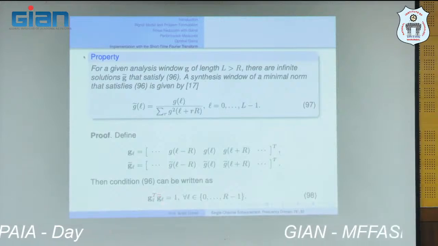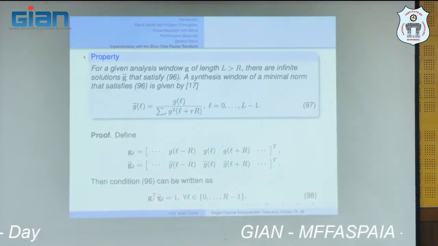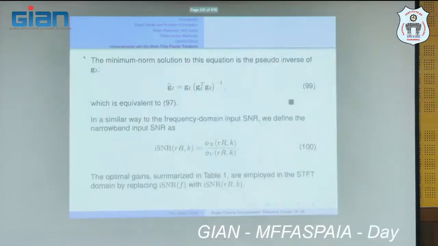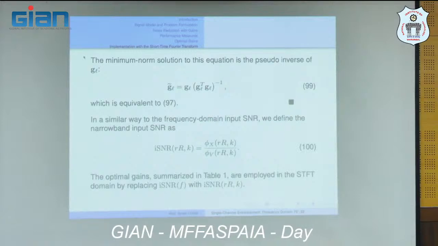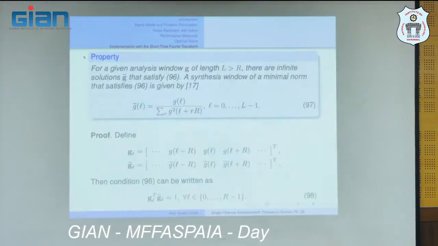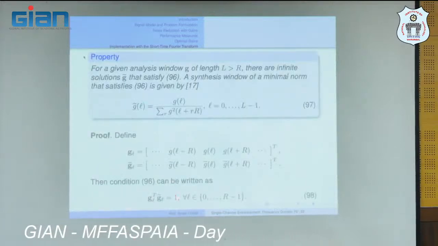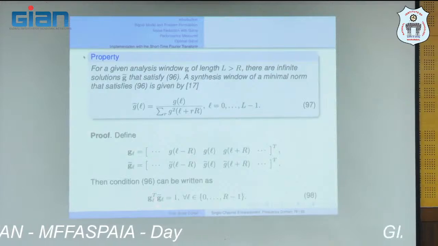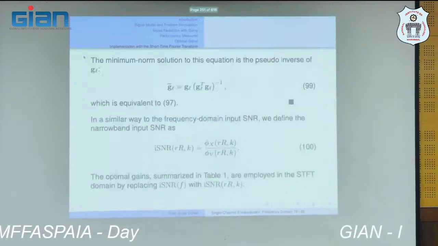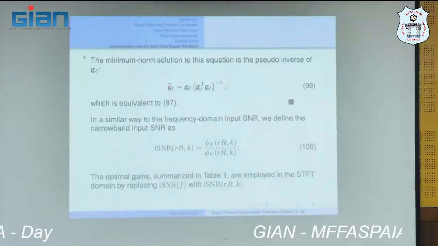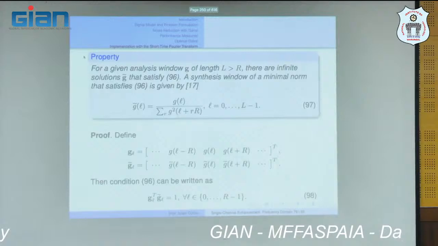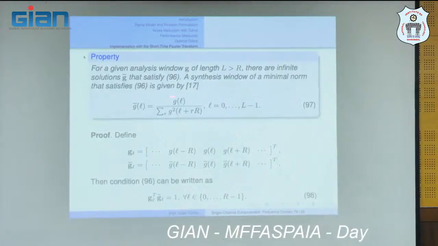And the minimum norm solution for that is simply like this. This is the minimum norm solution to this vector form perfect reconstruction condition. So the minimum norm solution, like here, we can write it sample by sample.